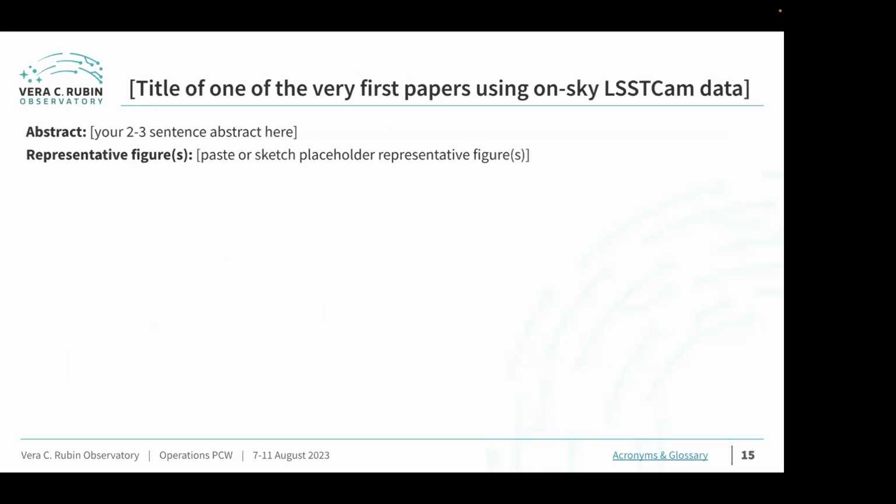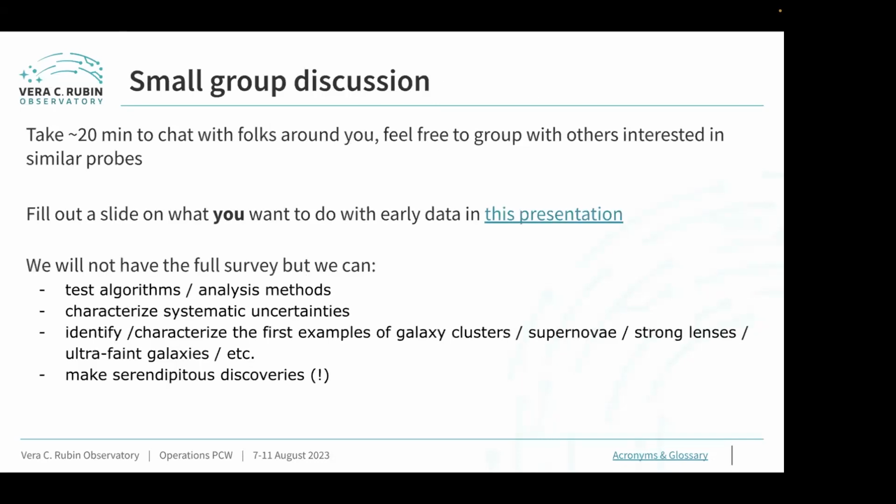So I was thinking that we could get into small groups or group up online and spend about 20 minutes filling out a slide where you talk about what you would imagine doing with some of the early data, and what needs to happen to get there. This is data we could use to test algorithms and really understand a lot of the infrastructure that is going to need to happen.